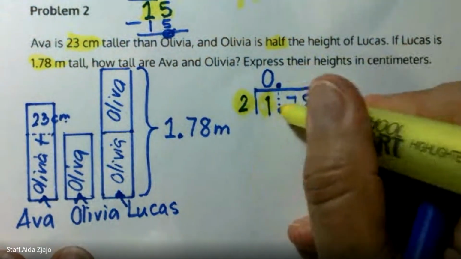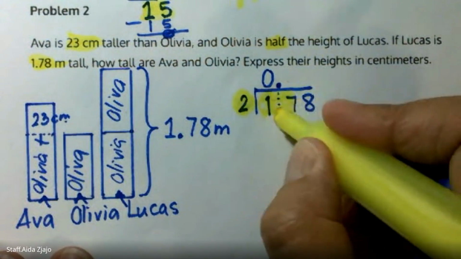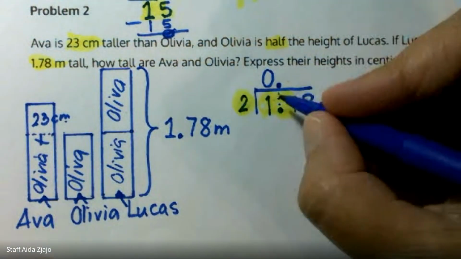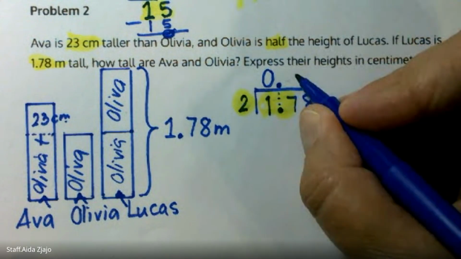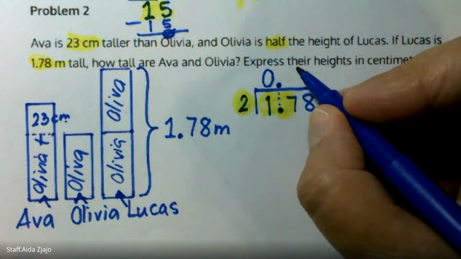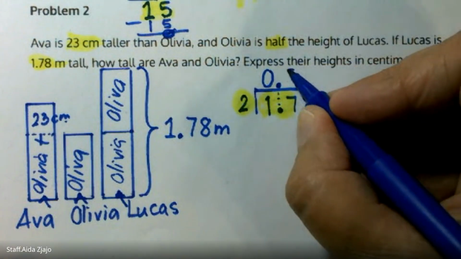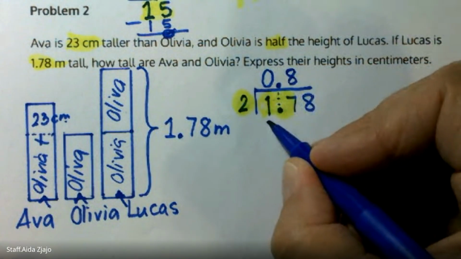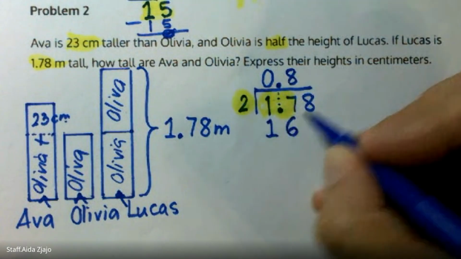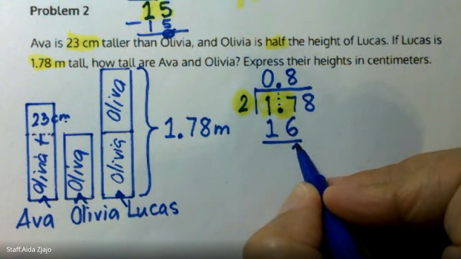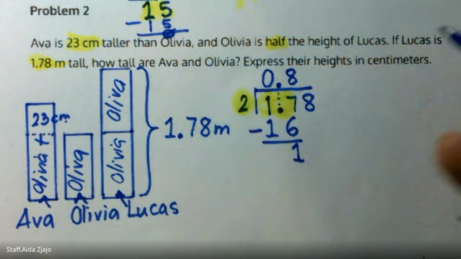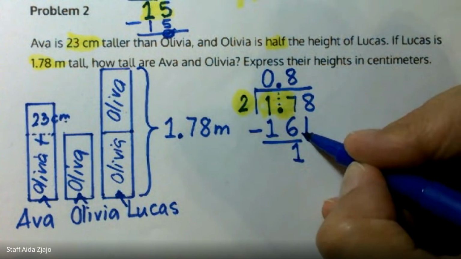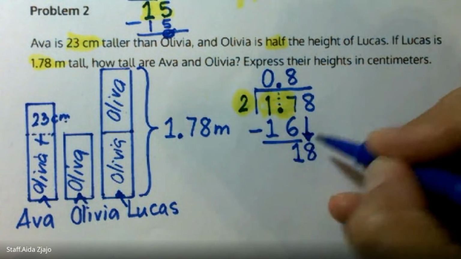But then if we regroup and get 17 tenths, we can make here 2 times 8 is 16, so we can share 16 tenths, and then 1 tenth will be left over. We'll bring down the 8 hundredths.